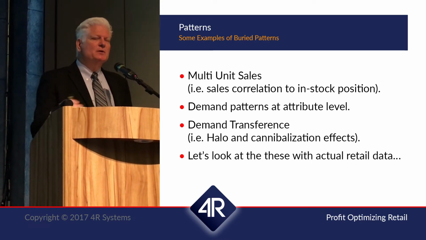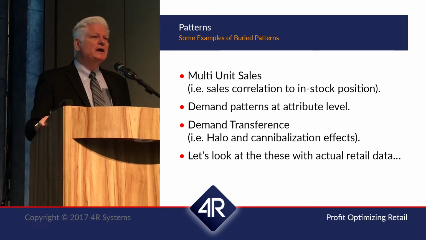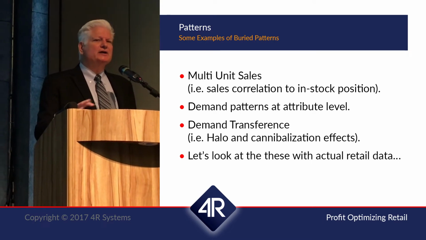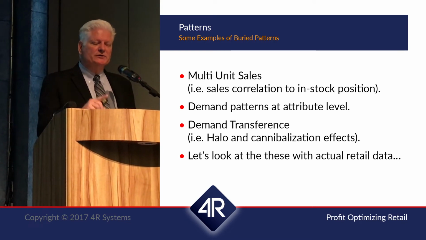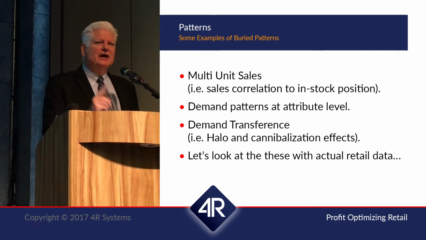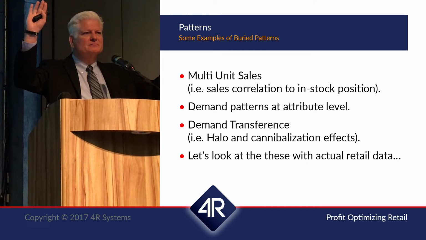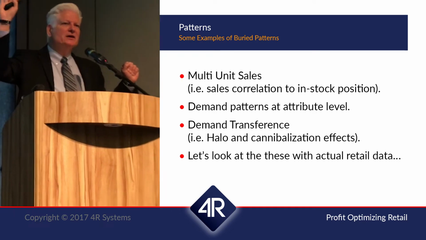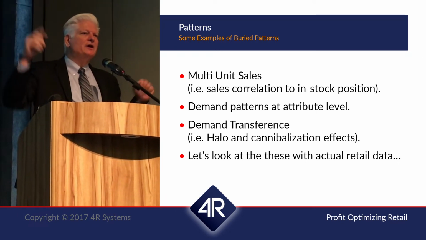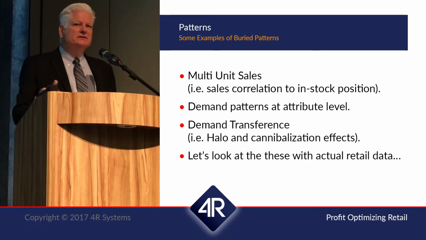And last, which is somewhat in combination with the one before, if you have the data at an attribute level, you can start to understand demand transference, halo and cannibalization. If I have two items exactly the same, and I remove one, I may end up with very little loss of sales. However, there are certain categories where that is not true.